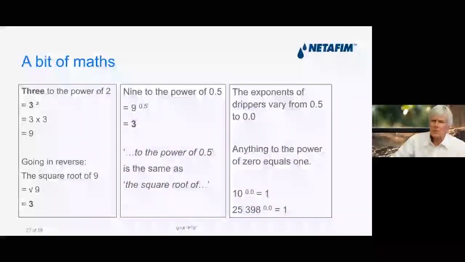The exponents of drippers generally vary between 0.5 and they come down to 0. Generally you won't get an exponent higher than 0.5. And the last thing that I want to make note of here, anything to the power of 0 equals 1. So 10 to the power of 0 equals 1, and 25,398, any number to the power of 0 equals 1.